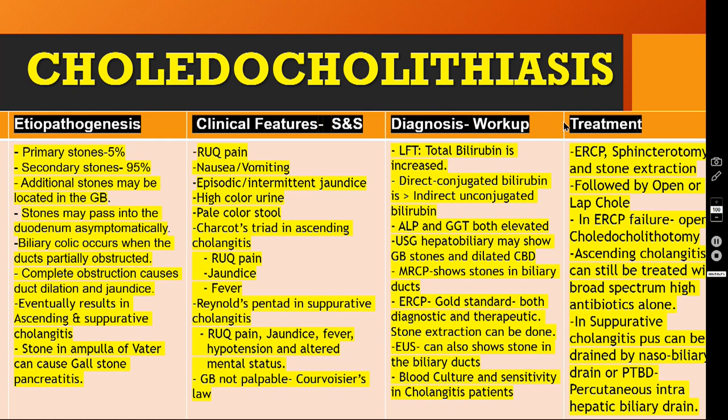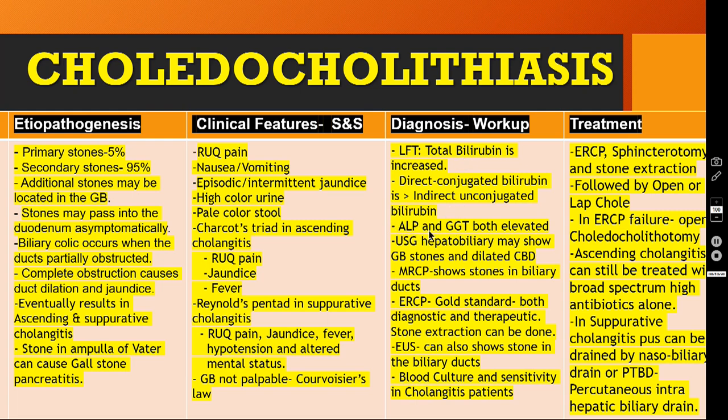Coming to the diagnostic workup, you have to do LFT where the total bilirubin is increased. Direct conjugated bilirubin usually will be more than the indirect unconjugated bilirubin. Both ALP and GGT are elevated if it is liver or gallbladder pathology.